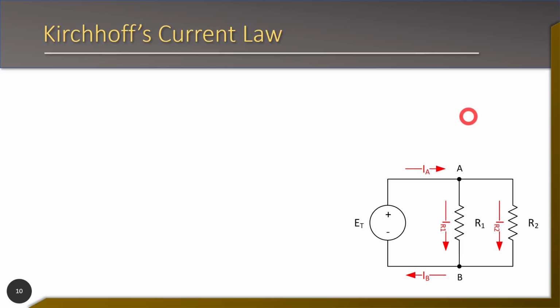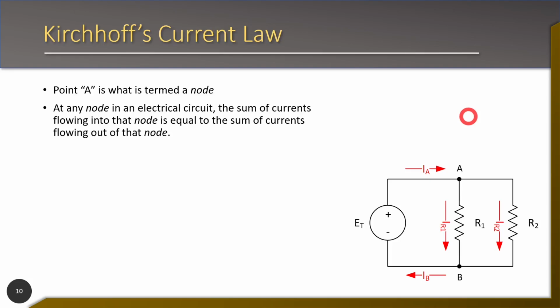So let's look at Kirchhoff's current law. We've studied Kirchhoff's voltage law in the series circuit presentation. Kirchhoff's current law is similar, but it has to do with currents instead of voltage. So the point A is what's termed a node, and at any node in an electrical circuit, the sum of the current flowing into that node must equal the sum of the current flowing out of that node. So here I'm showing this current I_A coming into node A, and then it branches out to these two nodes here, and then it comes back through B here.